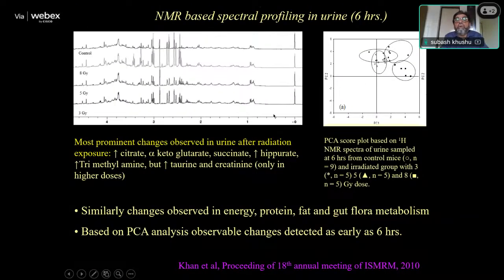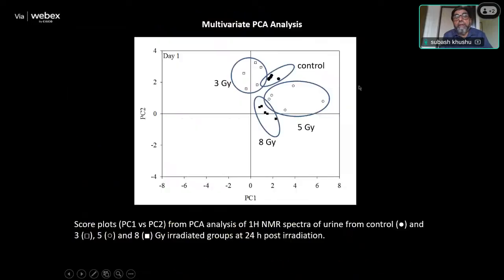Similarly, this is in urine, and you can see that within 6 hours of the radiation exposure, you are able to detect changes and see the groups distinctly. After day 1, you can see all the 4 groups are very well separated out.